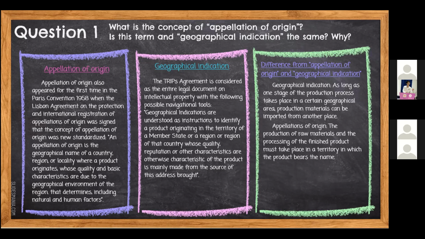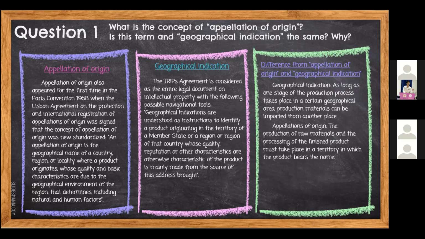originating in the territory of a member state or a region of that country, where a given quality, reputation, or other characteristic of the product is essentially attributable to its geographical origin. The difference between appellation of origin and geographical indication: for a geographical indication, as long as one stage of the production process takes place in the certain geographical area, production material can be imported from another place.